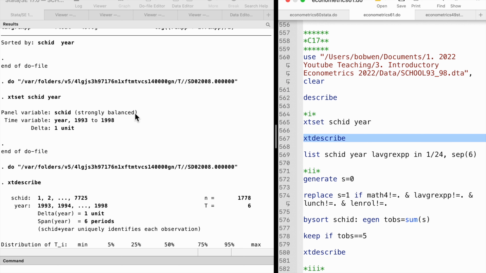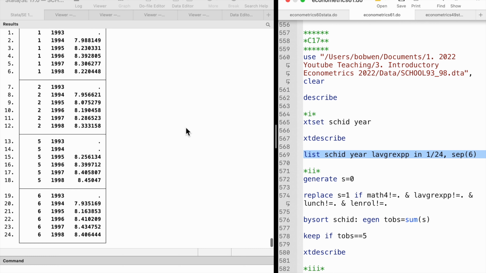Since the variable log average real expenditure uses the lag of the expenditure, it will be missing for the first time period. We can list the first 24 observations to verify it.